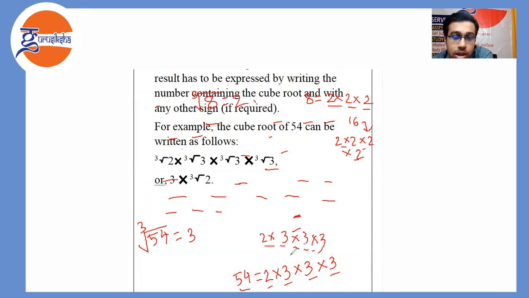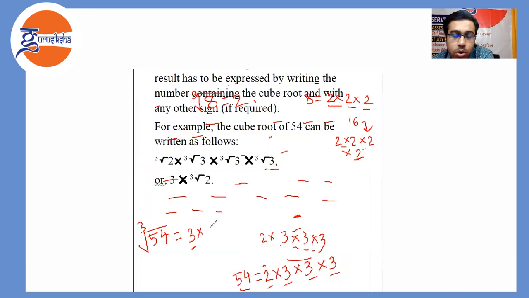So by the rule, we consider 3 only once since it has occurred thrice. The issue is with 2, which has occurred only once. If 2 had appeared thrice, then we could have taken 2 once. But here we take 3 once because it has occurred thrice.